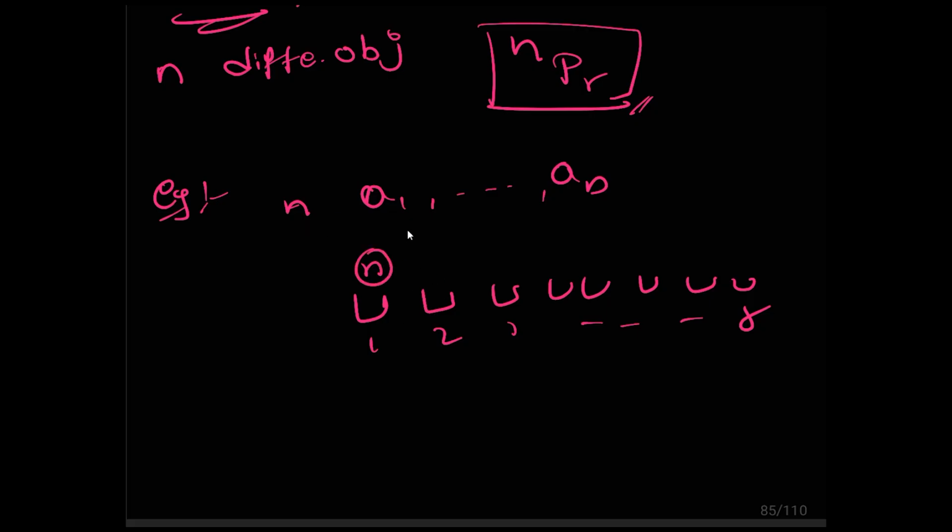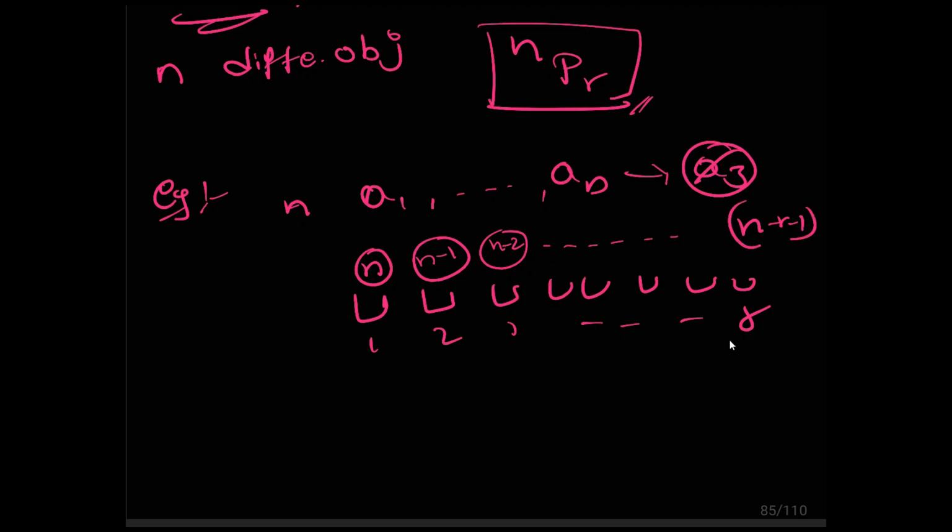In second box, if one of them is chosen, let us take a3 is chosen, then the number of objects remaining are n minus 1. So you can choose from n minus 1 objects. Now for third one, n minus 2, up to n minus (r minus 1) for the rth object.